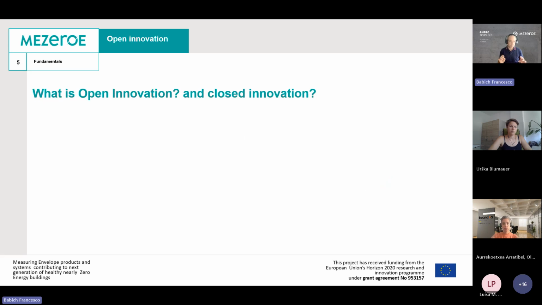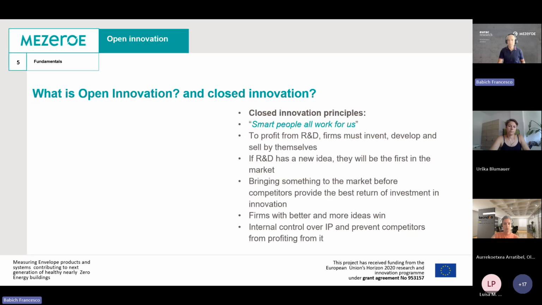So I think before we enter in the core of the presentations, it is worth clarifying or introducing 2 concepts that maybe for some of you are not completely clear, or maybe they are completely new. The first one is what we mean by open innovation in comparison with closed innovation. So closed innovation essentially is the traditional way of innovating in companies.